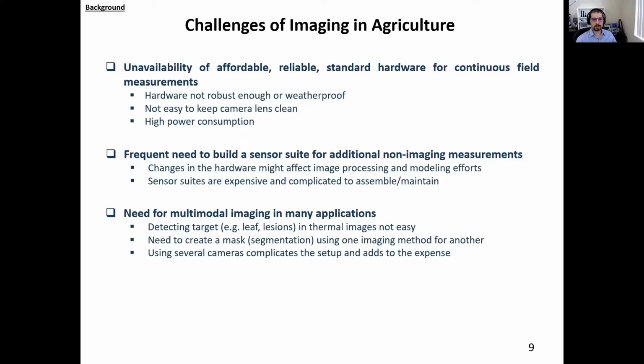So one thing we can do is to create a mask using one imaging technique and use it to detect the target, and then be able to work with the thermal images in a better way. And when we use several cameras, it results in a complicated setup, and again adds to the expense. Imagine combining a $40,000 thermal camera with an $80,000 multispectral or hyperspectral camera, and systems and setups like that.